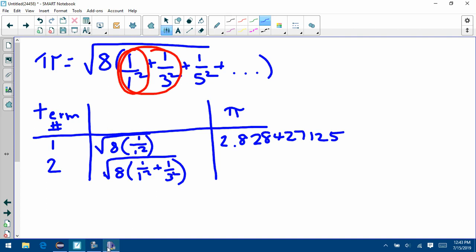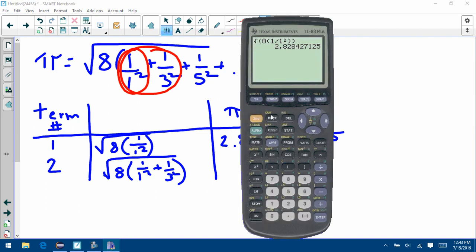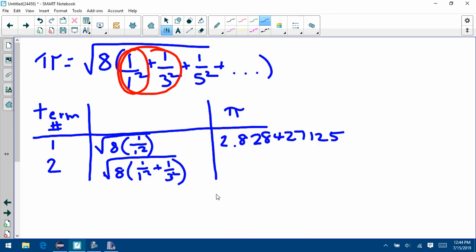And let's see what the calculation comes out to be. It'd be the square root of 8 times parentheses 1 over 1 squared plus 1 over 3 squared. We get 2.98142397. Still not a great approximation to pi, but it's closer.